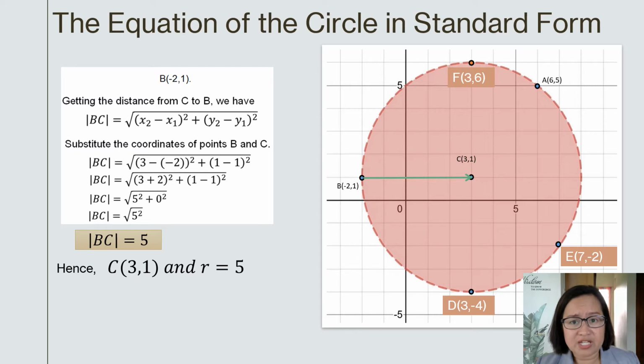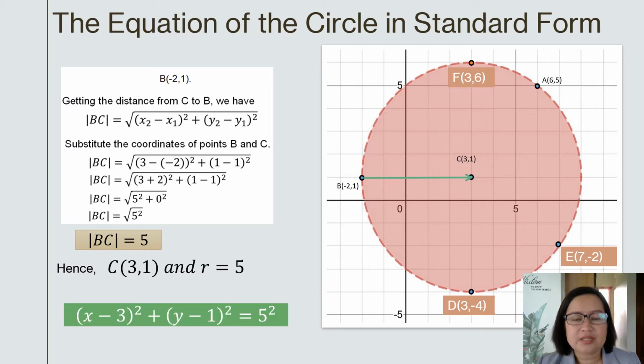Are we now ready to determine the equation of the circle in standard form? Yes. By substituting the length of the radius and the coordinates of the center to the standard form of the equation of the circle, we would be able to get the square of x minus 3 plus the square of y minus 1 equals 5 squared.